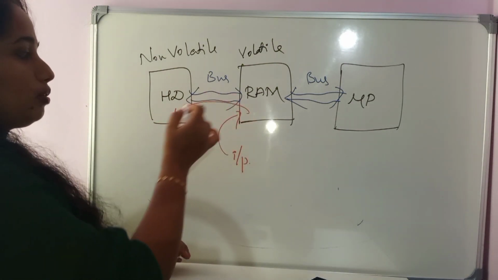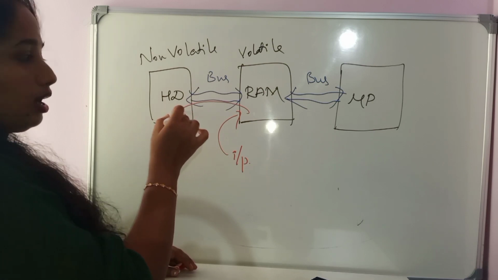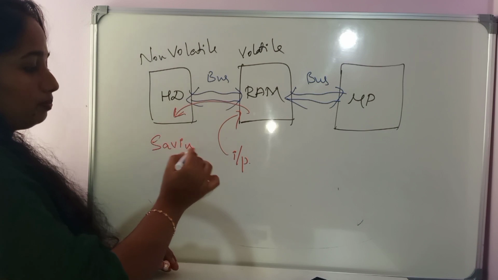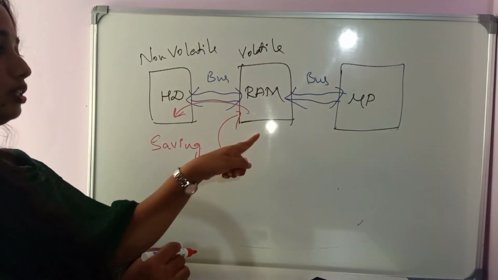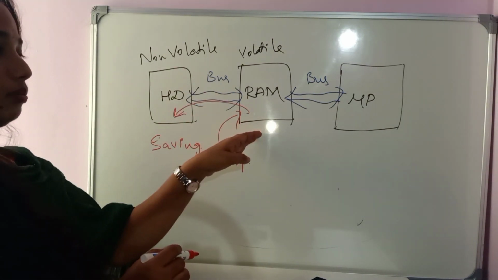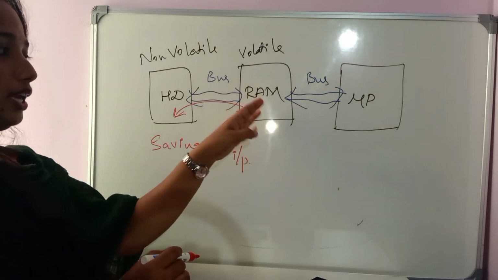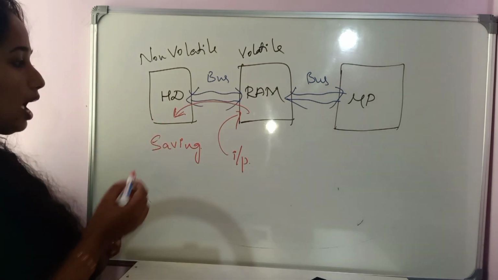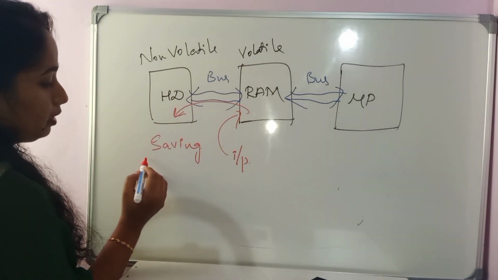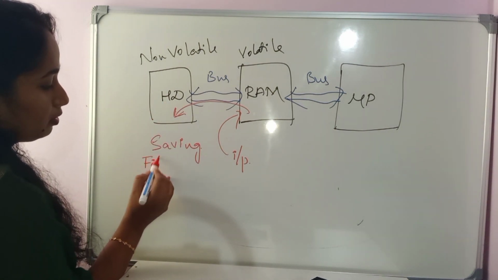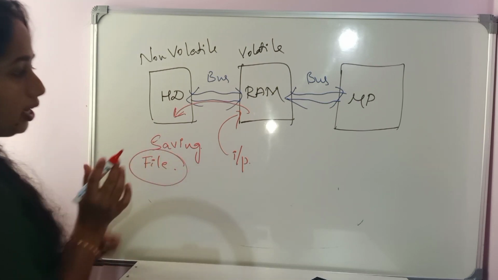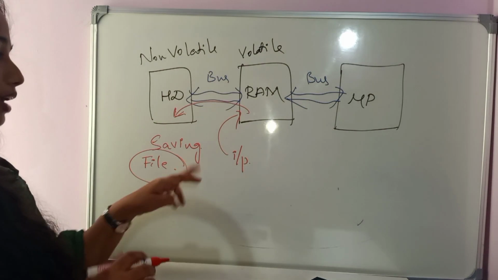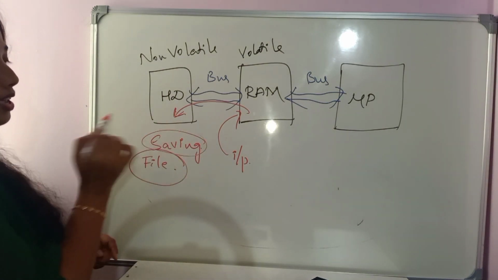This process is called saving. The memory unit of the hard disk is a file, so it will store the data as a file, and this process is called saving.